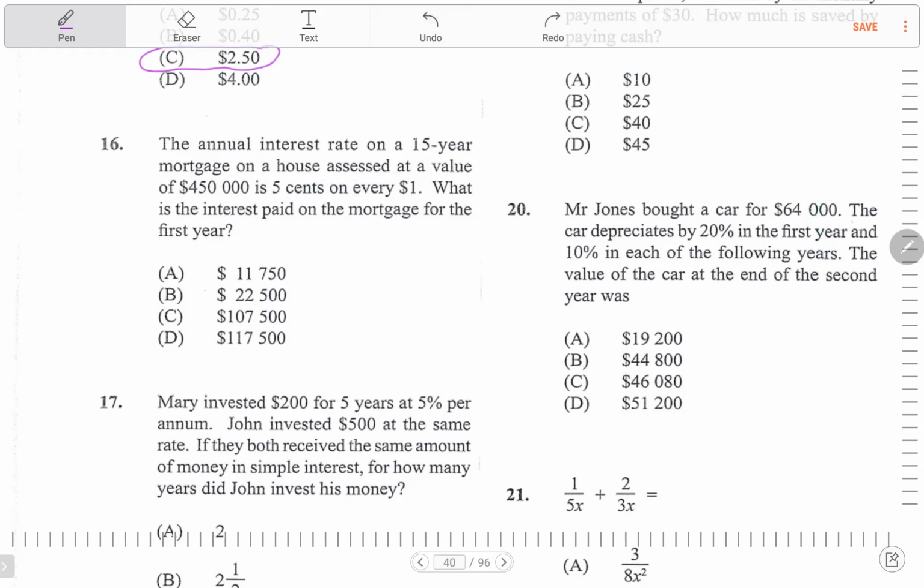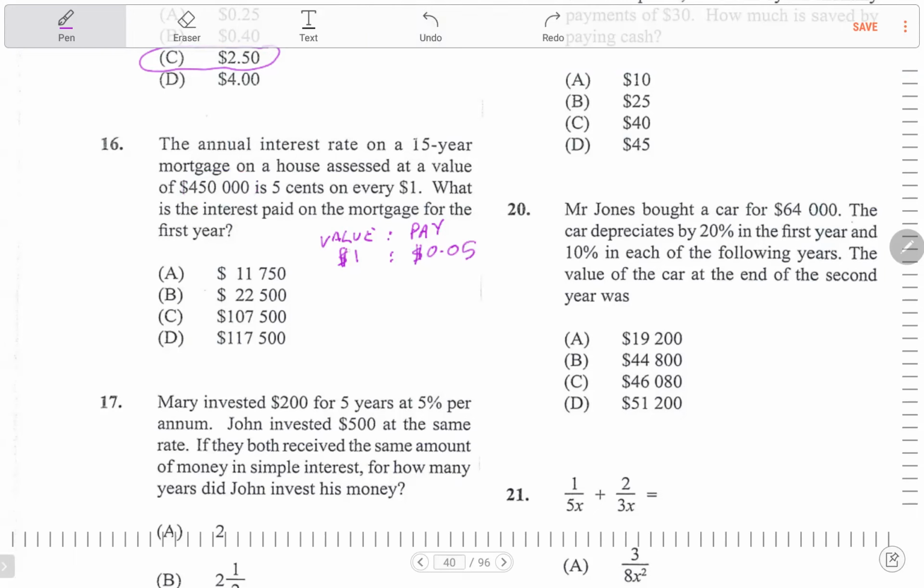So the value to the amount that is paid, which is the mortgage, is $1 to 5 cents. But 5 cents, I write it as dollars because they give me the answers in dollars. So it's times 0.05. And now the value is actually 450,000.